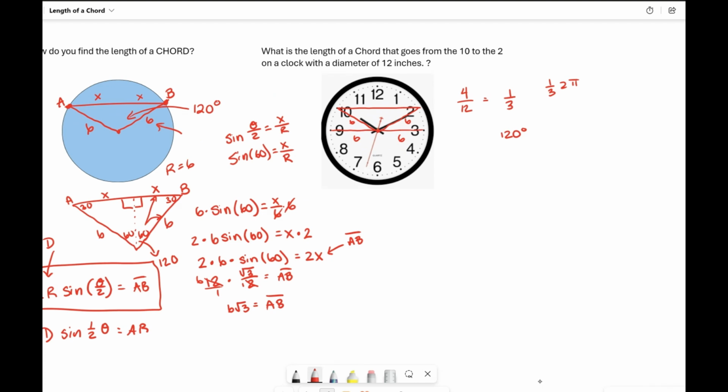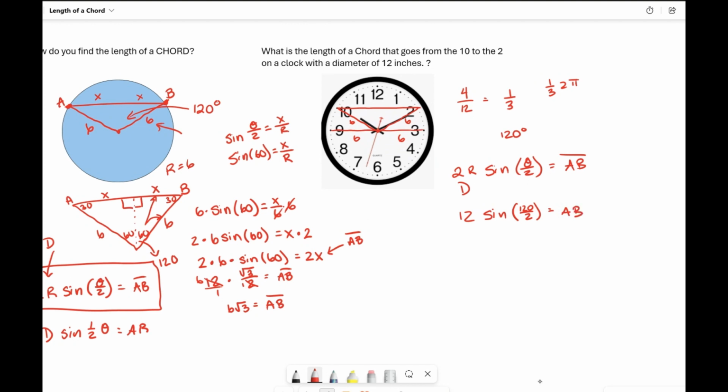So we know that it's 2 times the radius times the sine of half of the angle equals the chord, or the diameter. So the diameter is 12 times the sine of half of 120. So it's 120 over 2, which was the sine of 60.